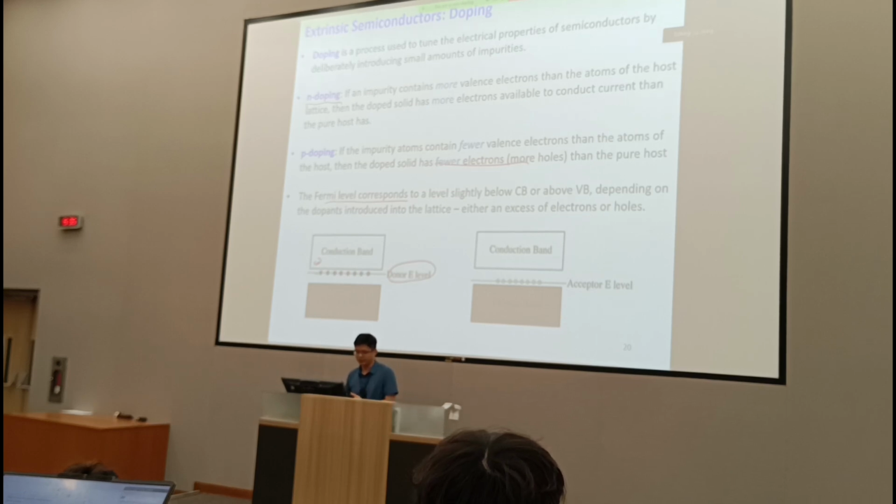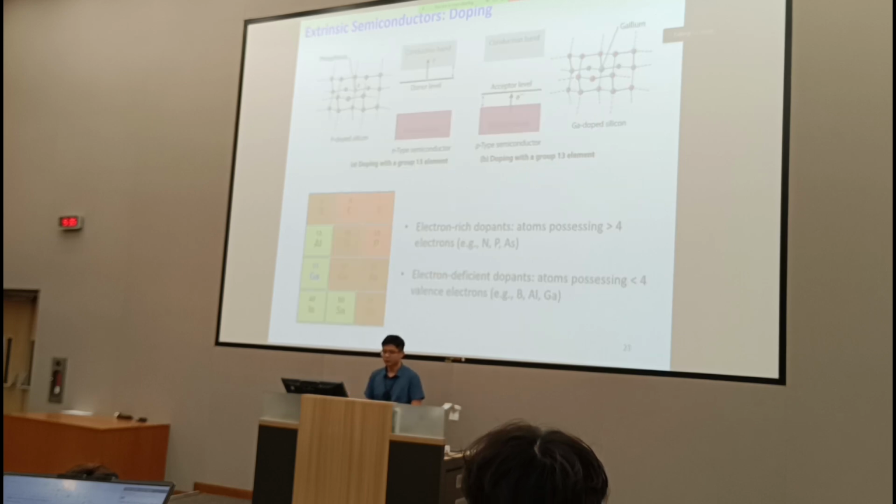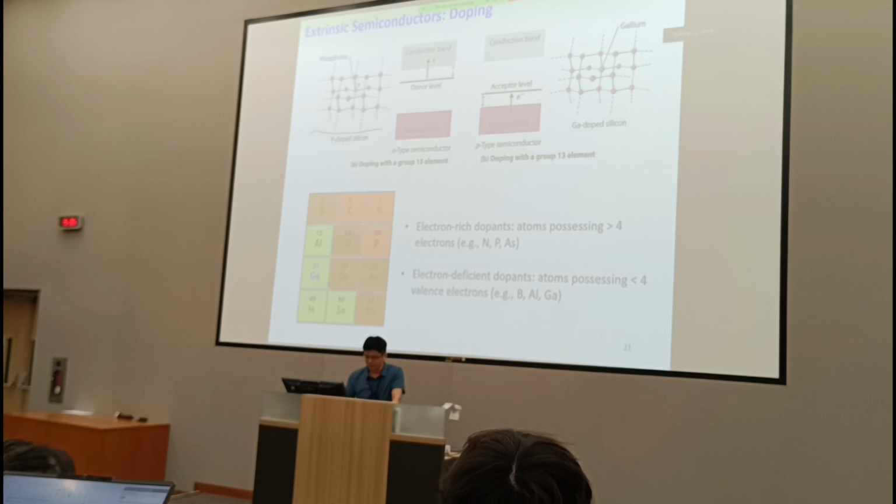For acceptors it is the opposite. Once these donor states ionize, they donate one electron into the conduction band. That creates free carriers. So for silicon, how do we make n-type donors? Silicon is in this column.